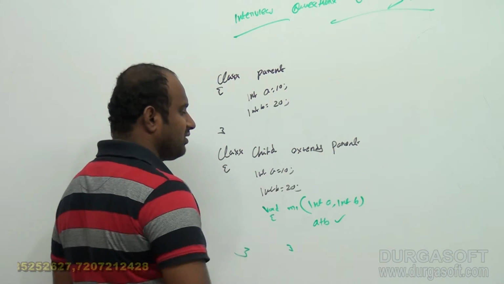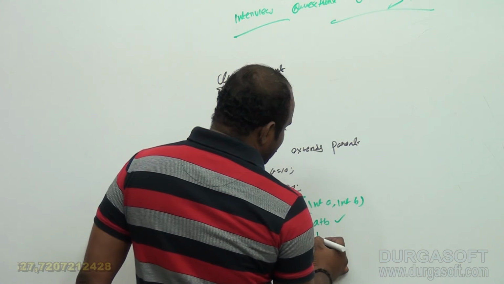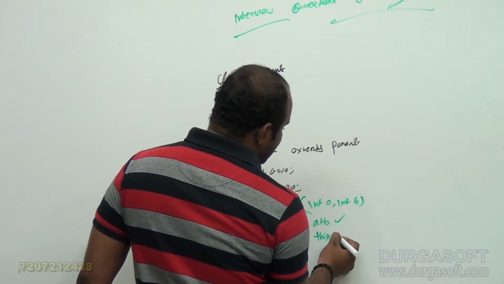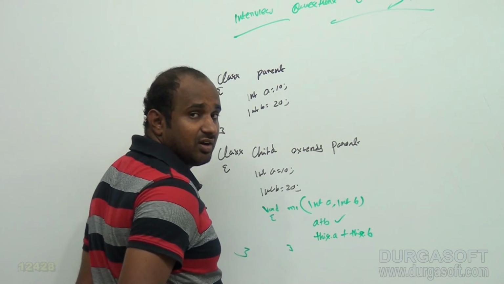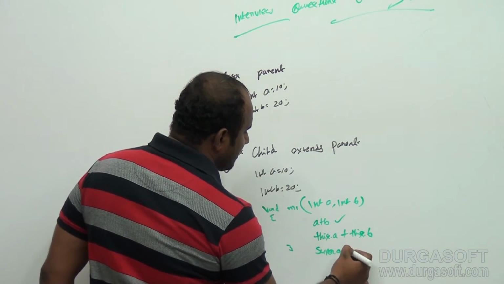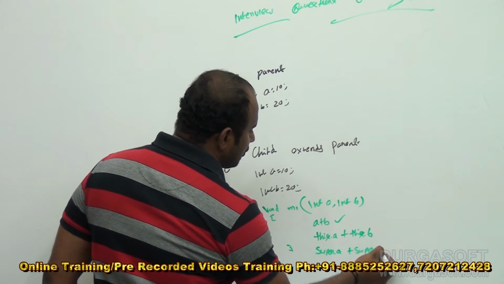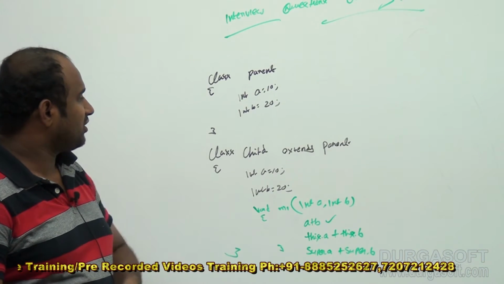These are the current class variables, right? How to represent the current class variables? By using this.a plus this.b. How to represent the super class variable? Simply super.a plus super.b. I hope you understand, right?